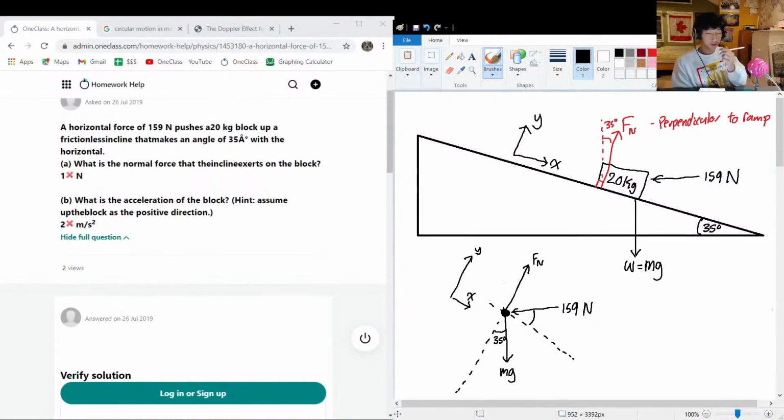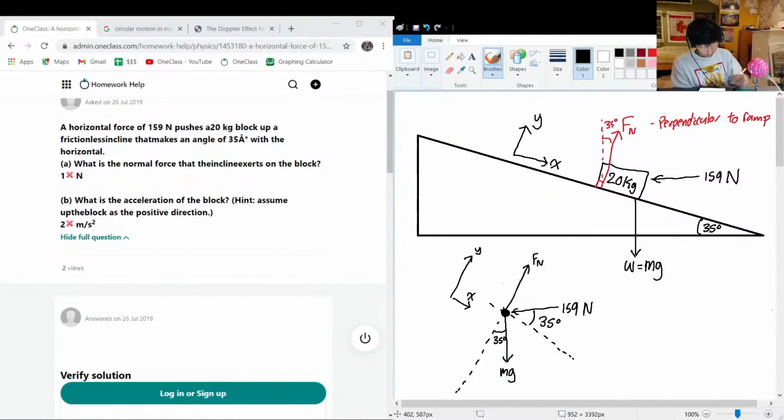Okay, so if it's perfectly horizontal and we want to resolve it up the ramp, we're going to have this angle as 35 degrees.